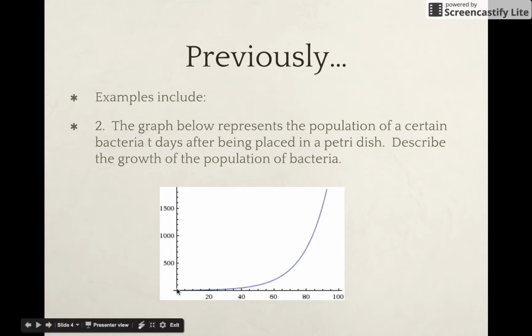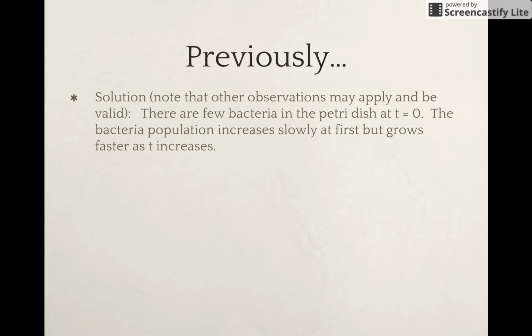So we can see that here, sort of slow growth in the beginning, but notice between days 40 and 60, the increase is more. Between days 60 and 80, the increase is more. Between 80 and 100, the increase is more. So we see that the bacteria are not only growing or increasing, but they are increasing at an increasing rate.